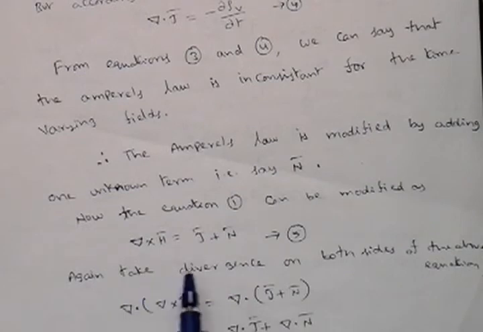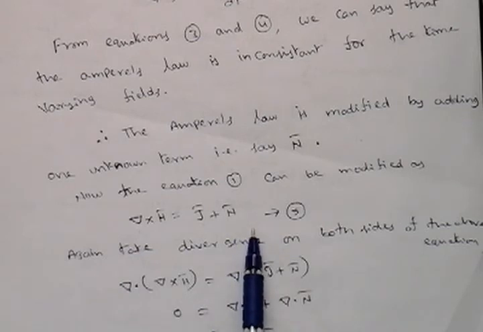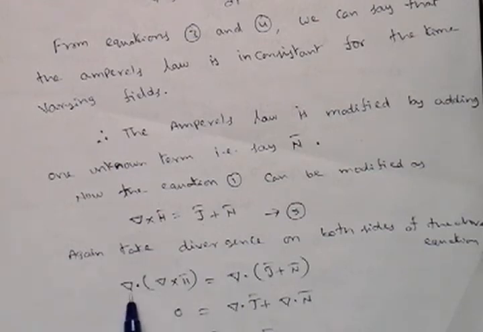Again, follow the same procedure as for the first equation. Take the divergence on both sides: del dot of del cross H bar is equal to del dot of J bar plus n bar. Expand this: del dot J bar plus del dot n bar. Once again, the divergence of curl of any vector is equal to 0.